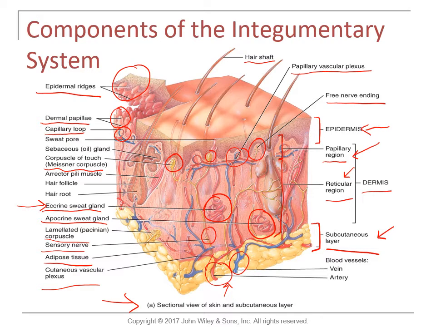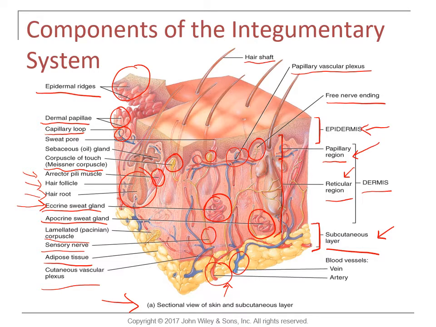The apocrine glands open into the hair follicles leading to the surface of the skin, which brings us here to the hair follicle, the hair root, and here we have an erector pili muscle.